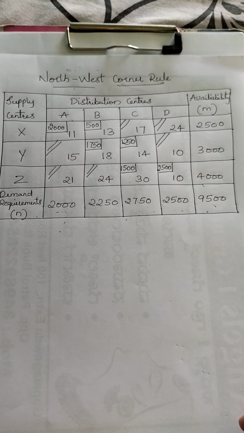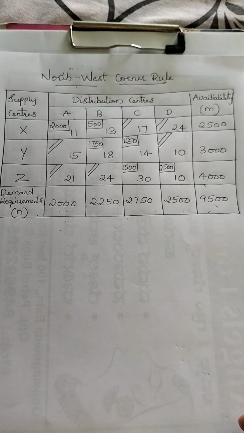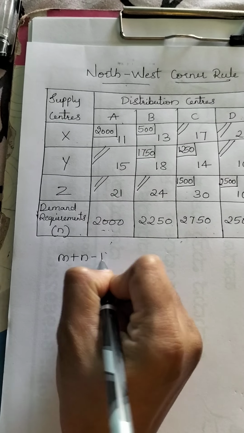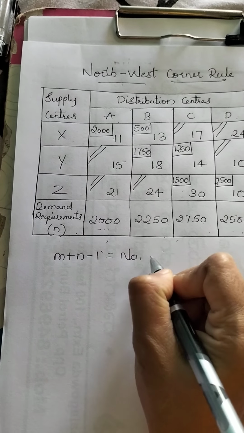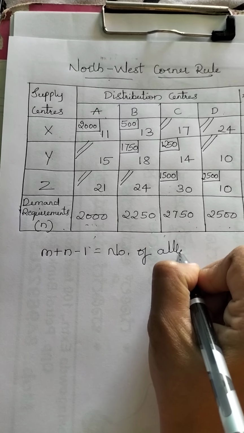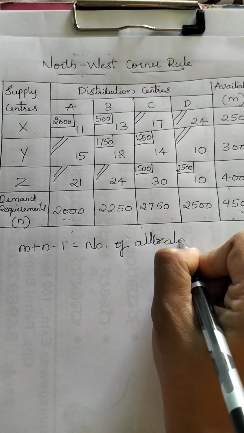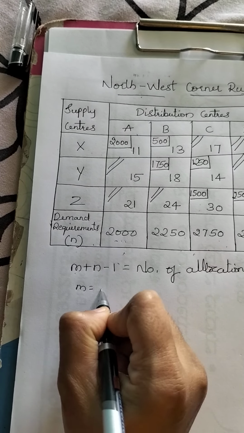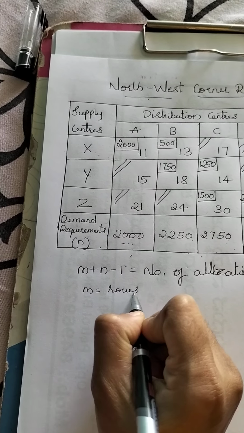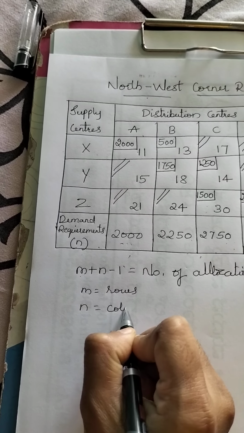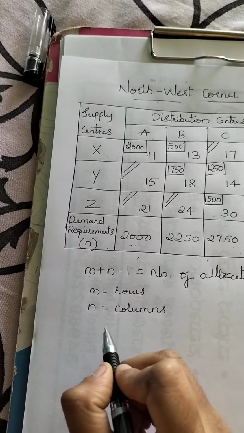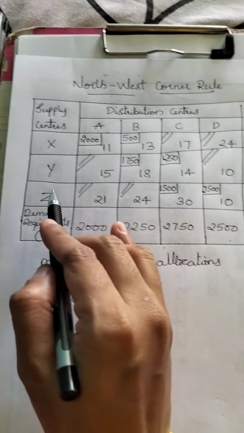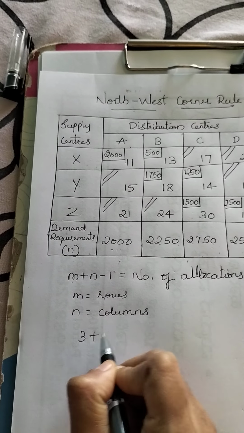After satisfying the availability and demand, the next is: m plus n minus 1 is equal to number of allocations. M means rows. N means columns. So how it goes? M rows. How many rows are there? 1, 2, 3. There are 3 rows. N is columns.